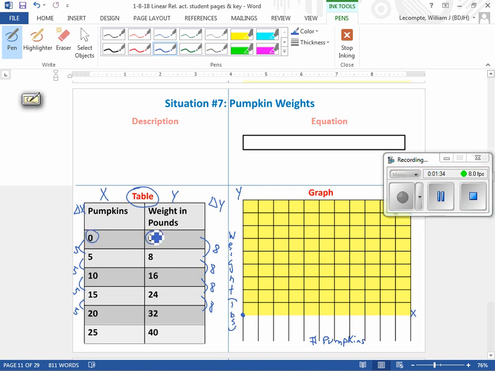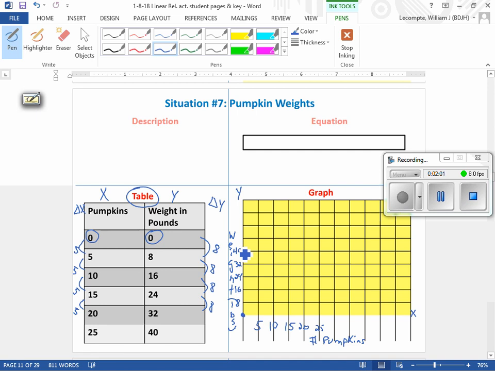So we're going to start our dot right there. We're going to number these 5, 10, 15, 20, and 25. Since they're going up in 8s, we can start with 8, 16, 24, 32, and 40.